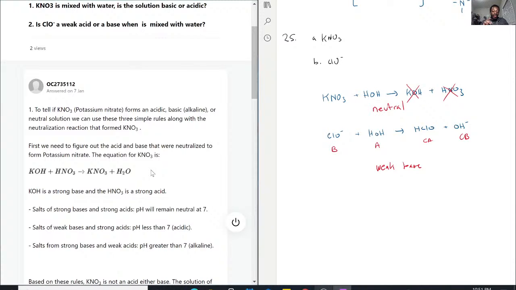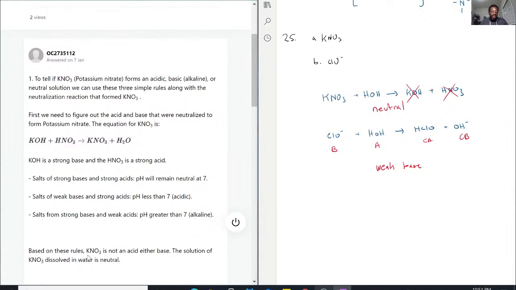So salts of strong bases and strong acids, the pH will remain neutral at 7. Think of it as a neutralization reaction where they just cancel each other out. Okay? Based on these rules, KNO3 is not an acid or base because the solution of KNO3 dissolved in water would be neutral because it's from a salt of a strong base and strong acid.